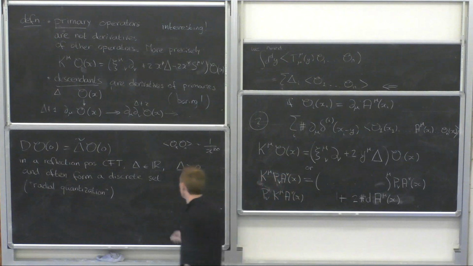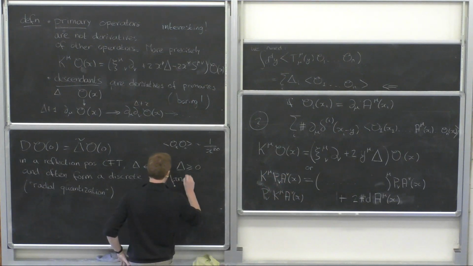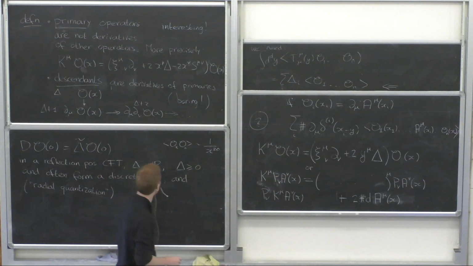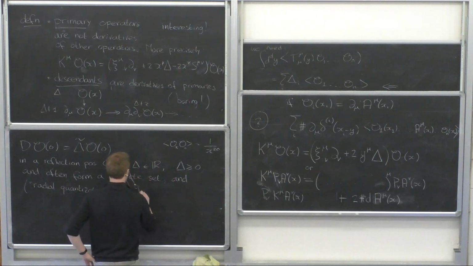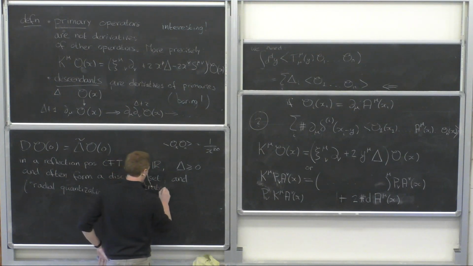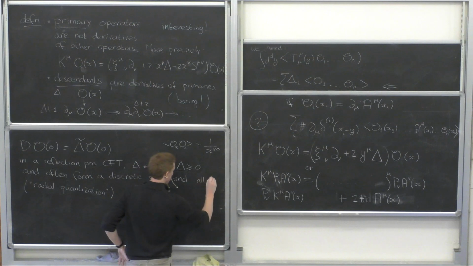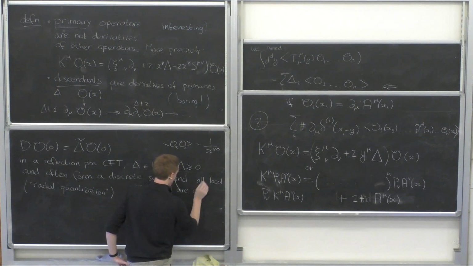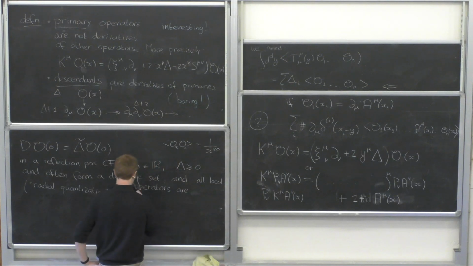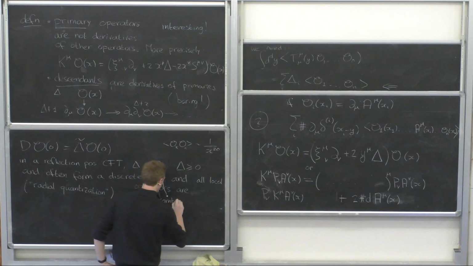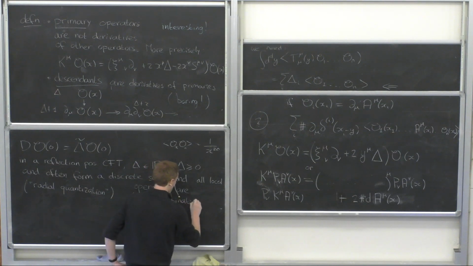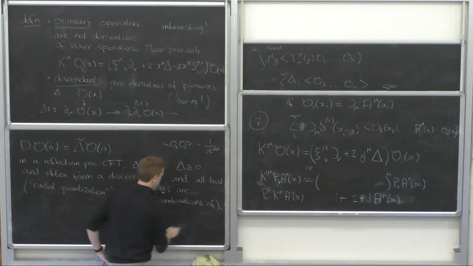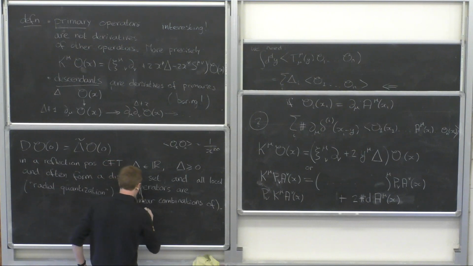And all the local operators are either, if you do something silly, linear combinations, but they're either primary or descendants.